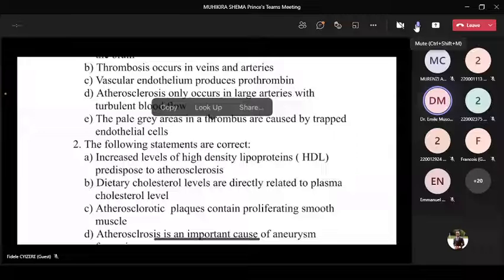This occurs in large arteries like the femoral arteries, but atherosclerosis can also be found in coronary arteries and some micro and small arteries. That case will cause dry gangrene.